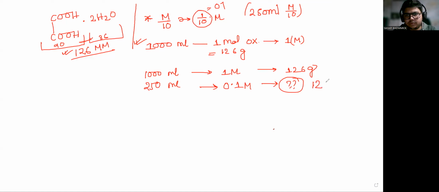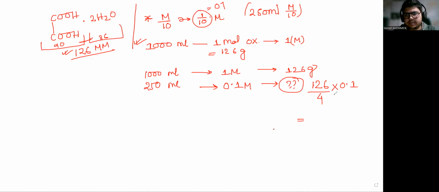Then 126 for 1000 ml, then 250 ml means 126 by 4, isn't it? Because 1/4 of 1000 is 250. Into 1 molar means 126, then 0.1 molar means into 0.1.